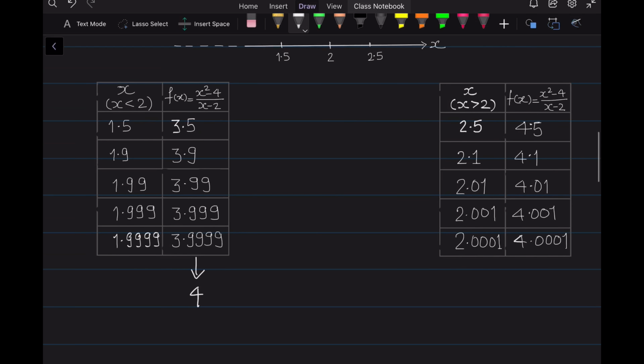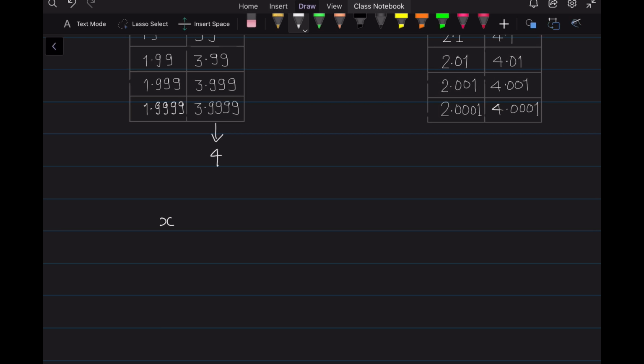So I can write this as the values of this function, which is x squared minus 4 over x minus 2, approach 4 as x approaches 2 from the left side. And this is how we write x approaches 2 from the left side, by writing a negative sign as a superscript of this number 2, which shows that x approaches 2 from the left side.